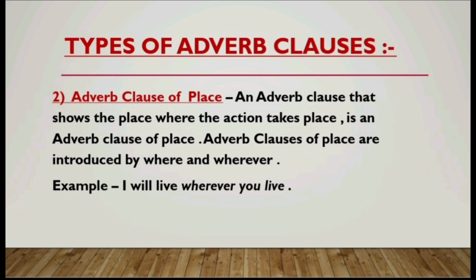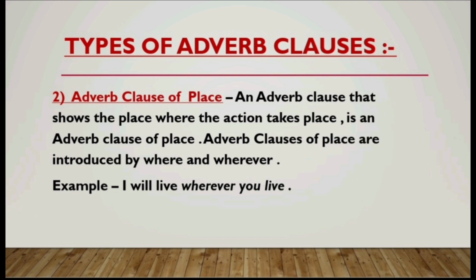In this sentence, if you observe, I will live is the principal clause because it does not depend upon any other clause to complete its meaning. Then wherever you live, the other part, is a subordinate adverb clause because it depends upon the principal clause to complete its meaning.